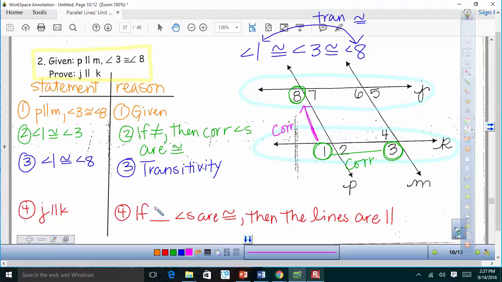So our last step is if corresponding angles are congruent, then the lines are parallel. So you're proving that these two angles that are not on the same transversal are congruent, so you can prove that the lines are actually parallel. Okay? Do we have any questions on any of the steps that we took in that one? Yes.